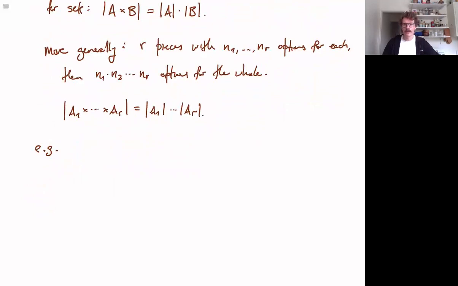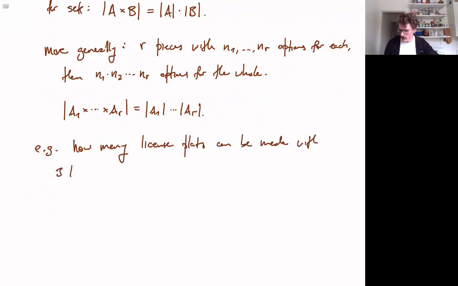So here is a classic counting style problem. How many license plates can be made with 3 letters?